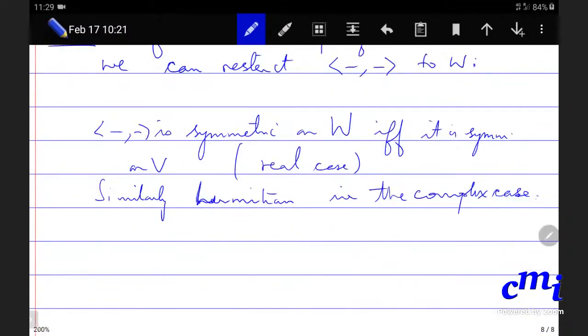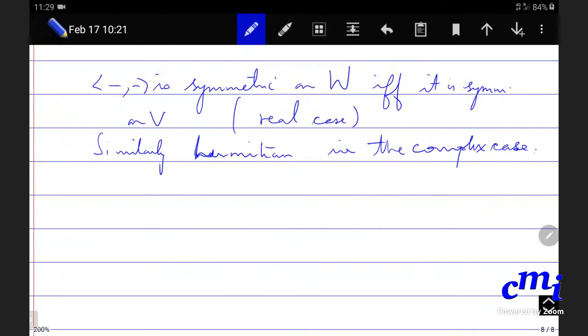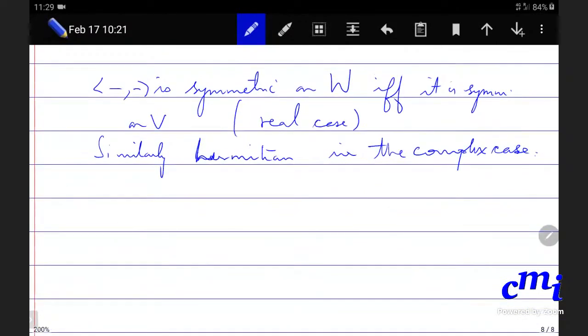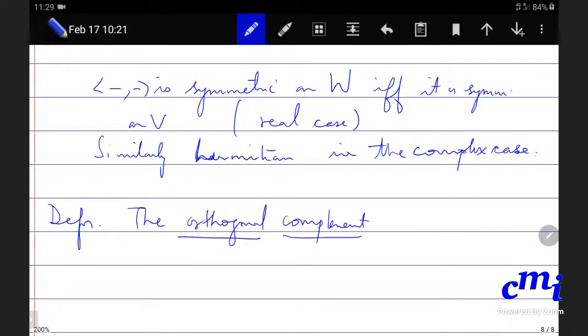Now the orthogonal complement definition. The orthogonal space of W in V is this, which we will denote by W perp.